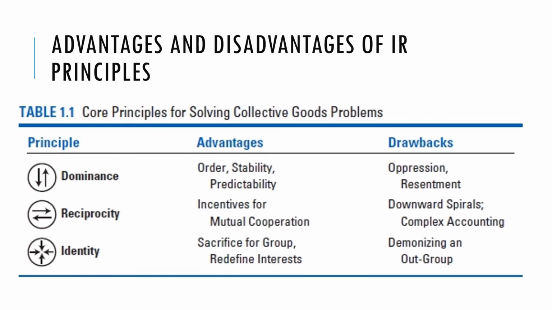Now some advantages and disadvantages of the IR principles. You could summarize the previous slides and say that the advantage of the principle of dominance is that it ensures order, stability, and predictability, for the simple reason that you have a certain group of powerful states or one single state that is able to control all the other actors of IR from the military, economic, and political perspective.